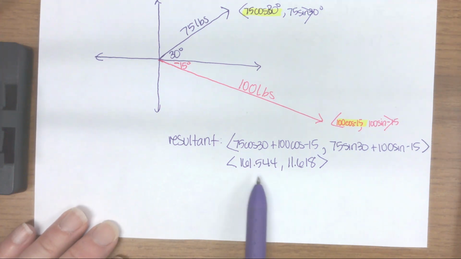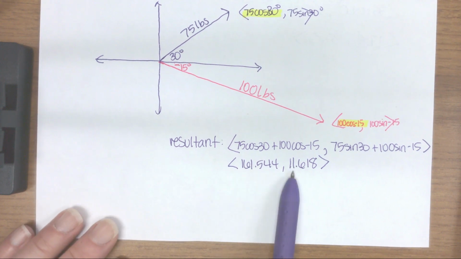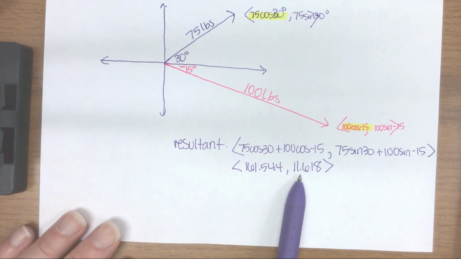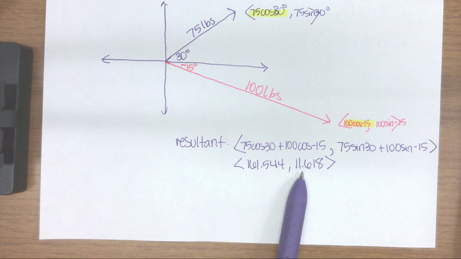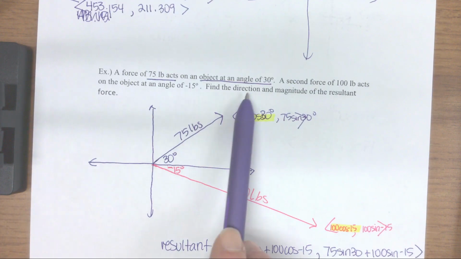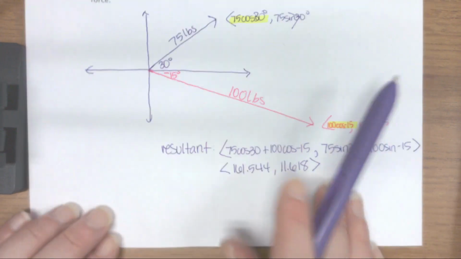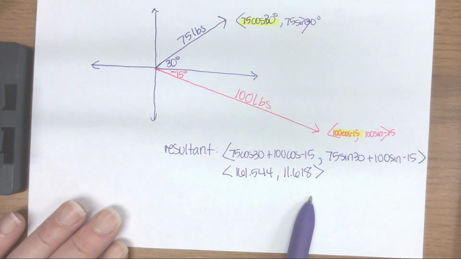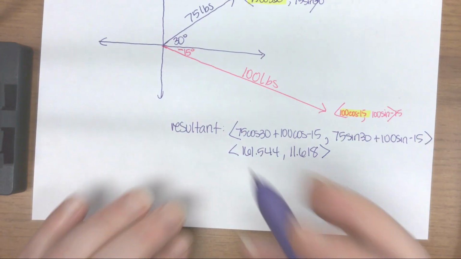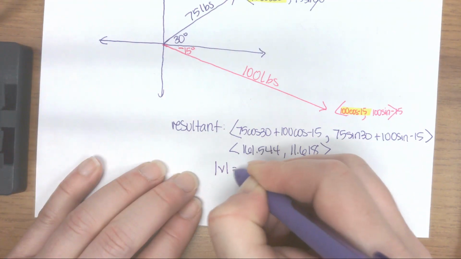This is the result of the actual object's direction. Remember how I asked you to find the direction and magnitude? Do you know how to find the direction and magnitude of a vector? All right, let's just leave this stuff in our calc and do it.